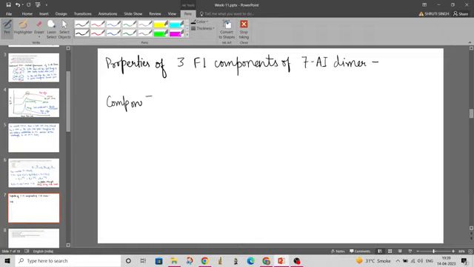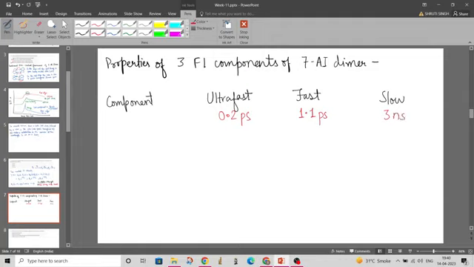Component. So first was the ultrafast part, then the fast component, and then the slow component. So the ultrafast component was 0.2 picosecond, the fast component was 1.1 picosecond, and the slow component was 3 nanosecond.